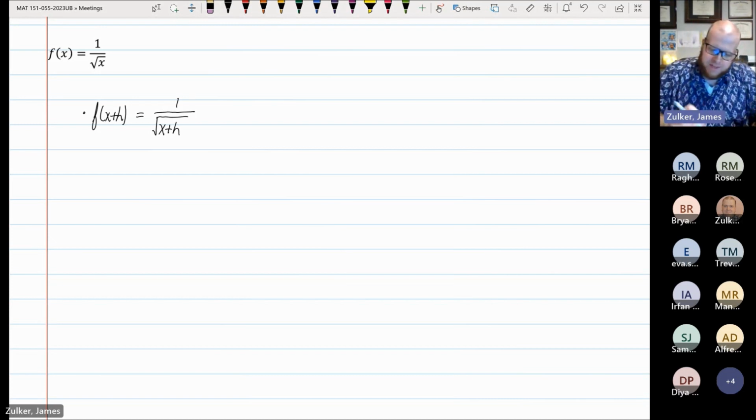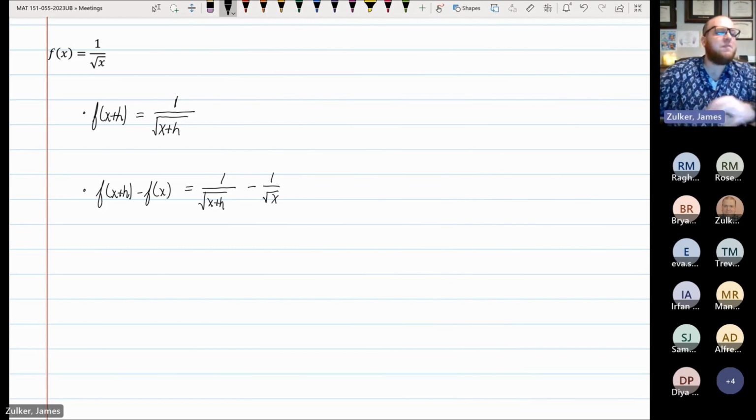We have 1 over the square root of x plus h. Really nothing more to be done. Let's now take that. Subtract out our f of x. Write it as a single fraction.